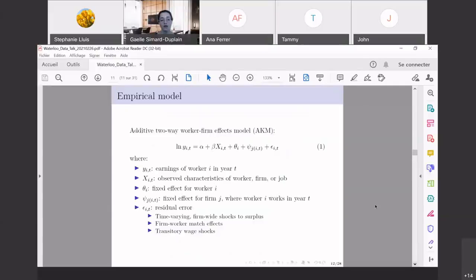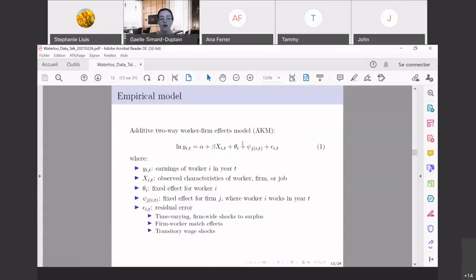The starting point is this additive two-way worker-firm effects model. It's the same kind of model that was considered by AKM. We control for some time-varying observed characteristics of workers, firms or jobs. In our case, we control for age, province, marital status, and presence of children.